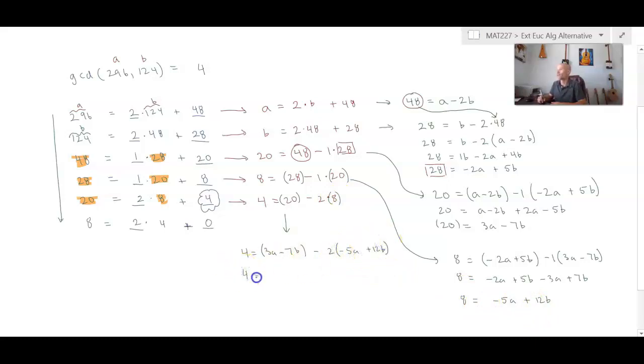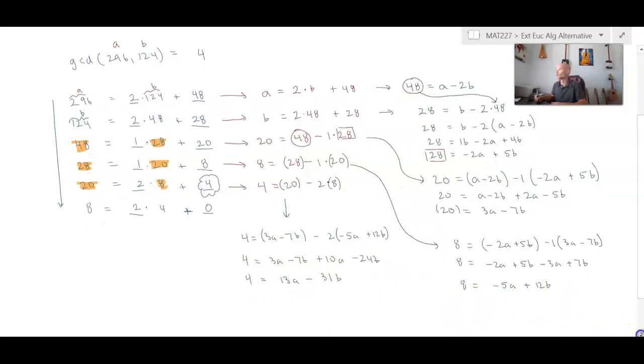And this gives me 4 equals 3a minus 7b plus 10a minus 24b. And so if I combine like terms, I get 4 is equal to 13a minus 31b.